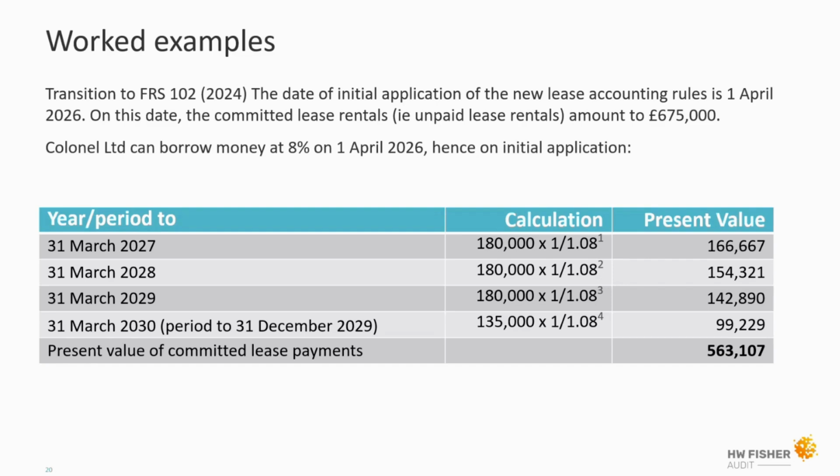That's where you get to. You can see we've discounted down using our 8%, which was the amount we could borrow from a reputable high street retailer. That's the discount we've used. We've discounted it back down to a present value of our future payments. Now, you could go right into the details and do it on a monthly basis, but using an annual basis, we've got to that piece.